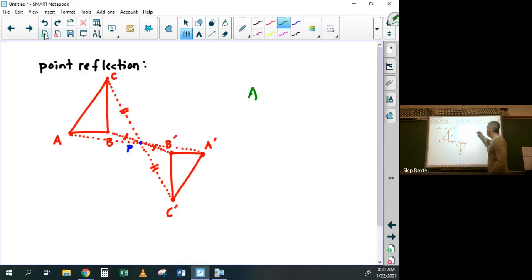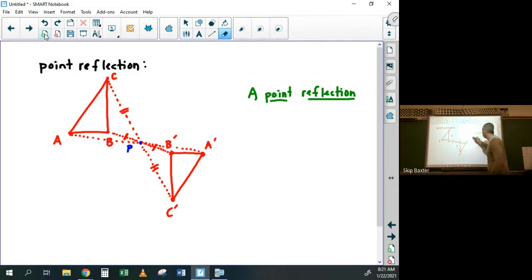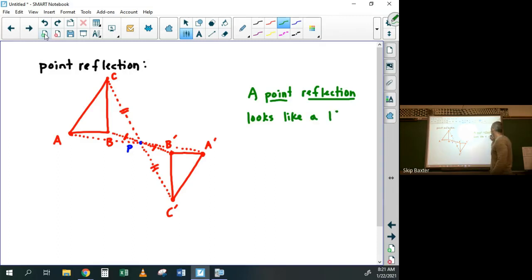A point reflection actually looks like a 180-degree rotation.